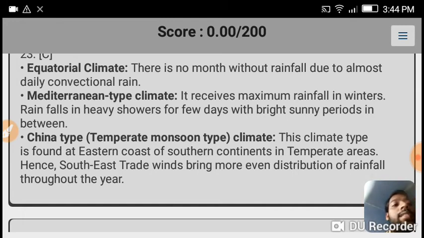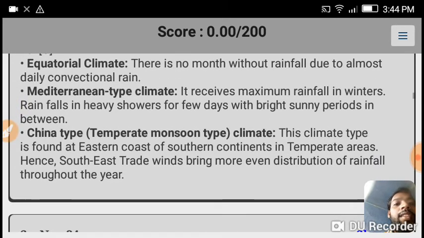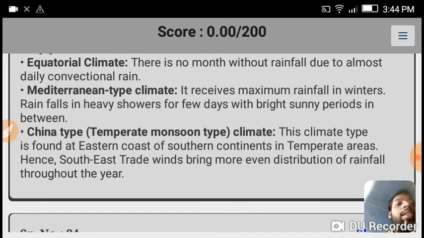The Mediterranean type of climate receives maximum rainfall in winter, with a few days of heavy showers and bright sunny days in between. So Mediterranean rainfall occurs in winter.